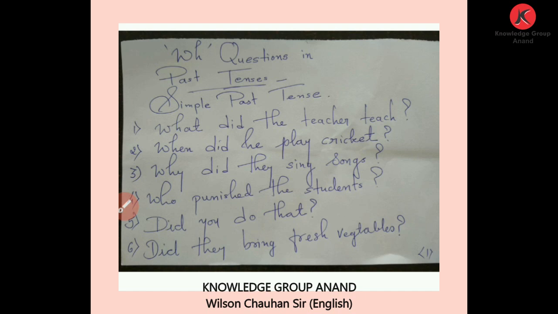We need to find out which is the tense. Now we are only working here with simple past tense, and at the same time which is the auxiliary verb. The past participle should be carried forward with the verb.